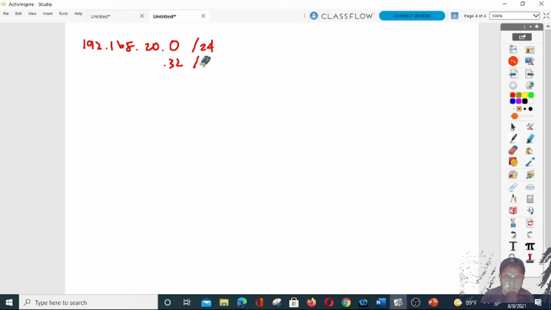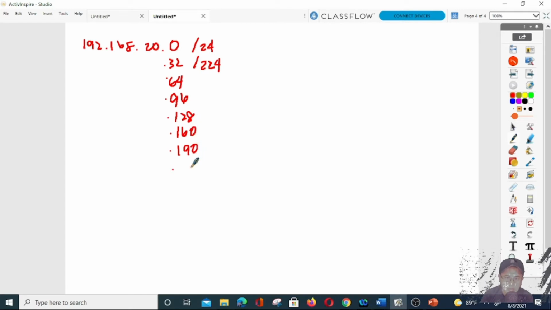After subnetting, we have a subnet mask of 224. Then plus 32, this is 64. Plus 32, this is 96. Plus 32, this is 128.